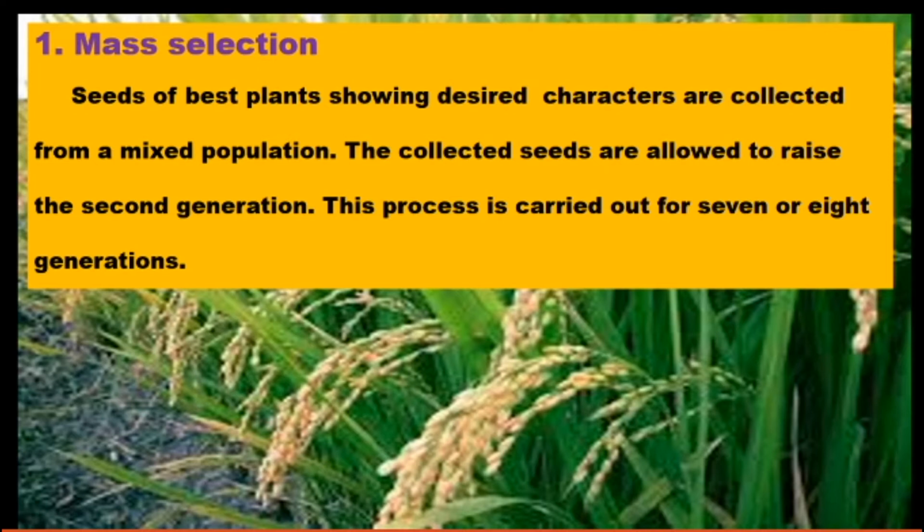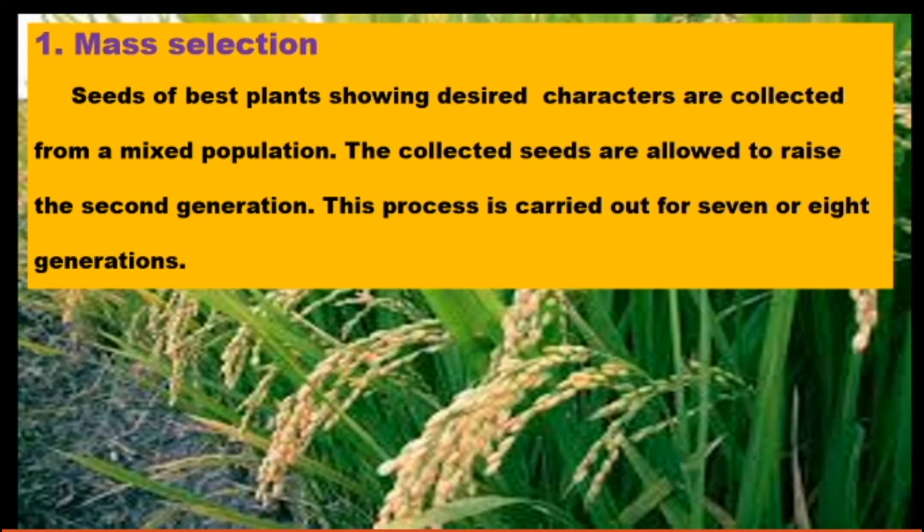Otherwise, the recessive character may still be present, and when it becomes dominant, it is expressed. That is why, when cultivating the same species for 7 or 8 generations, we come to know that the recessive character is completely stopped.